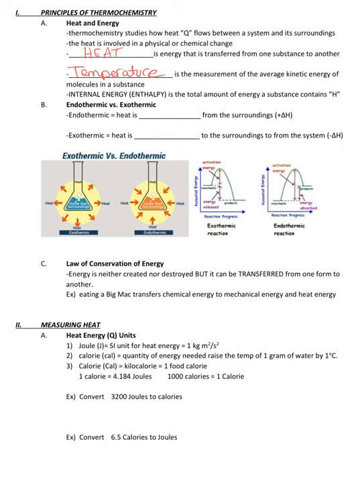Internal energy is the total amount of energy in a substance. The term for that is enthalpy, and its symbol is a capital letter H. It involves the heat and work involved.